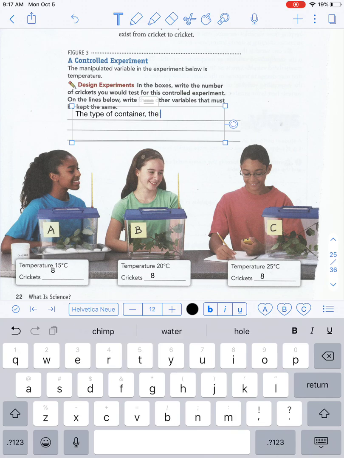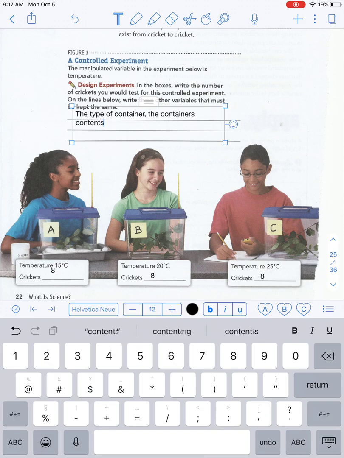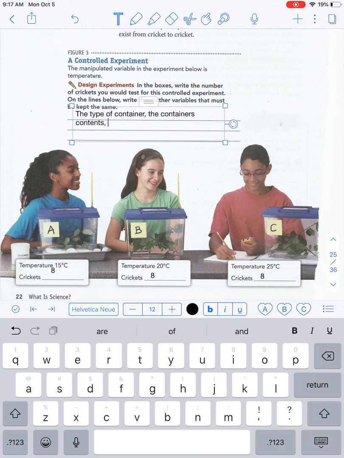What's inside the container, so I'm going to say the container's contents. And the time. They must be kept the same.